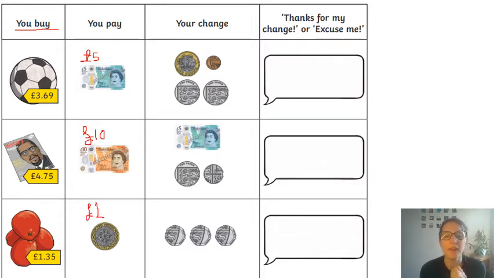Then this is the change that you've been given in the next column. You need to calculate if you've been given the right change, and then in the end column you say thank you for my change if they've done it right, or excuse me if they've given you the wrong change. So pause the video, see if you can work out if they've given the right change.